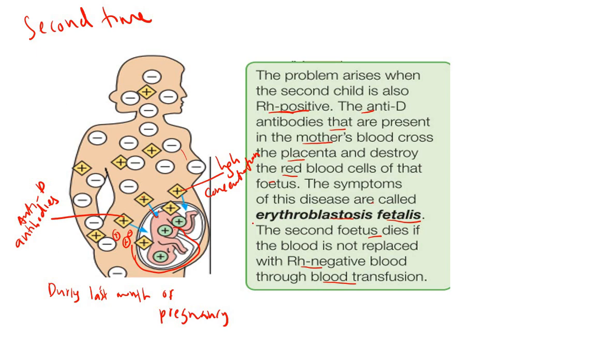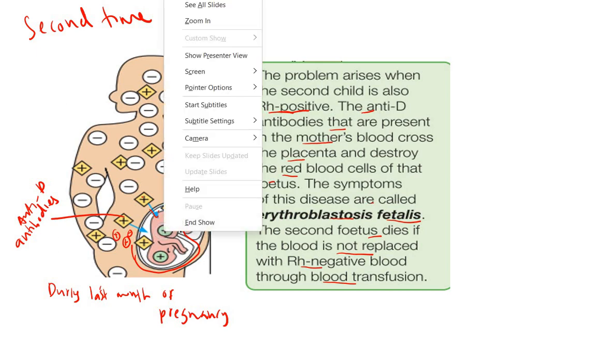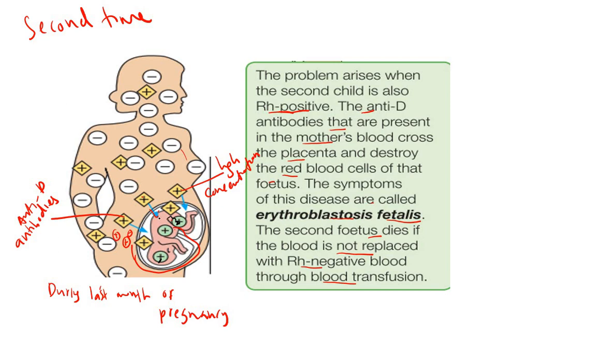So to make sure that the second fetus does not die, the blood of this fetus must be replaced with Rh negative blood through blood transfusion. So later the fetus will survive.